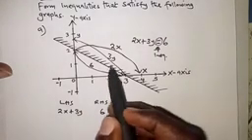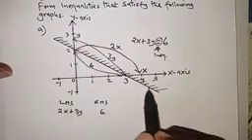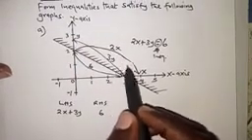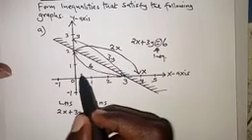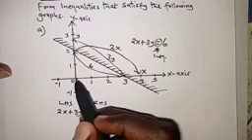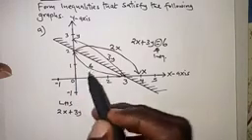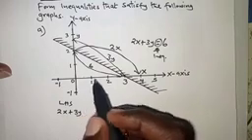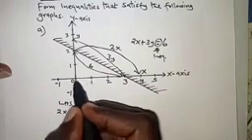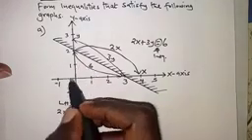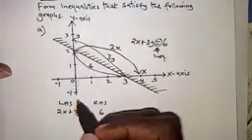Now look at how the shading has been done. The side that is usually shaded is the unwanted side. So we will pick a point from the wanted region. On the wanted region we have so many points, so you pick a feasible point like the origin, conspicuously on the wanted side.